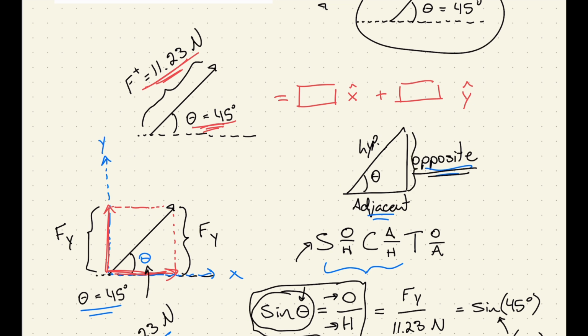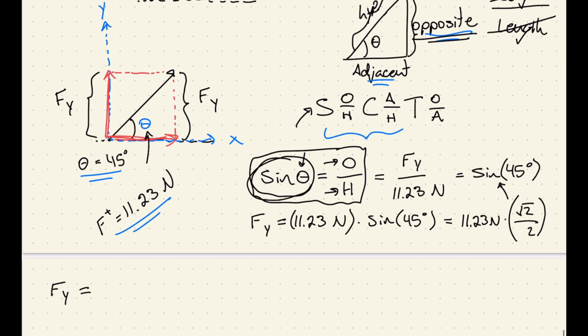Opposite, it is a length. This is the length of a triangle, over H, which is a length. Units of length divided by length, these things cancel and they give you a unitless thing. That's why sine and cosine is a unitless thing. It gives you something with no units, like a percentage. That's why root 2 over 2 is a unitless thing.